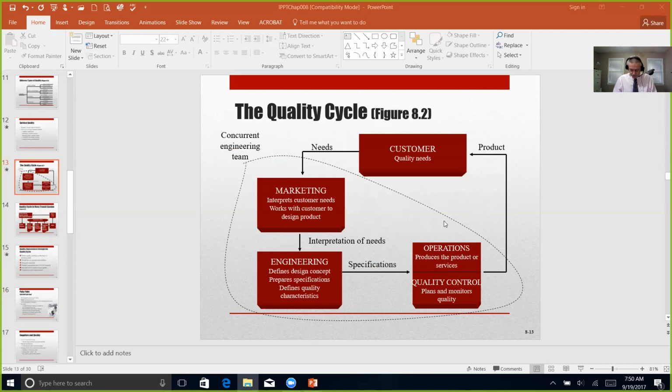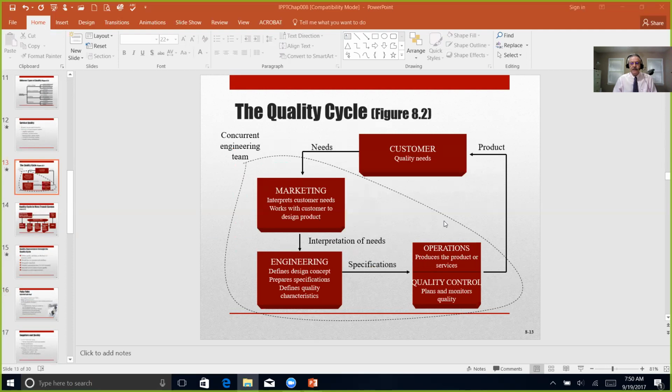Then that information is handed off to the engineering department, who's taking that information that they received from the research and coming up with a design with specific specifications. And those specifications hopefully are going to meet the demands and needs of the customers, and they define their quality characteristics of that particular product or service.